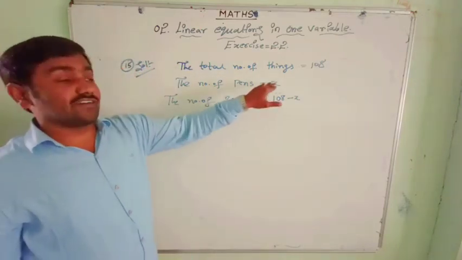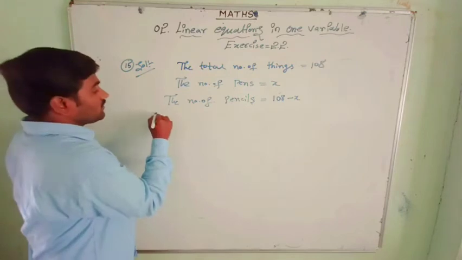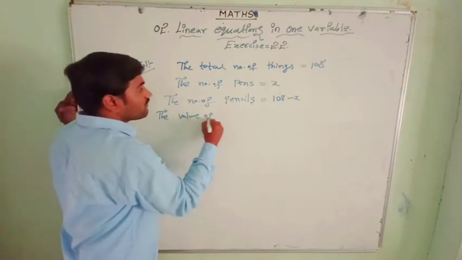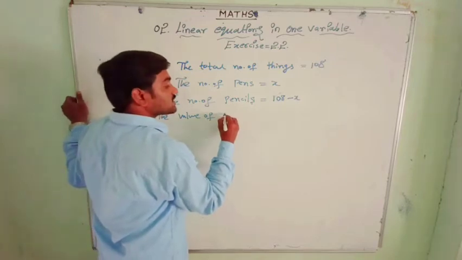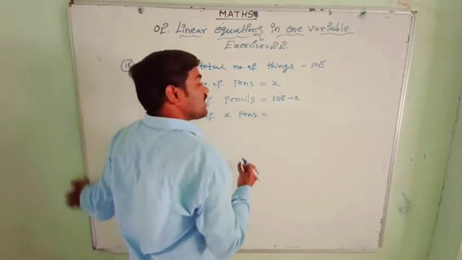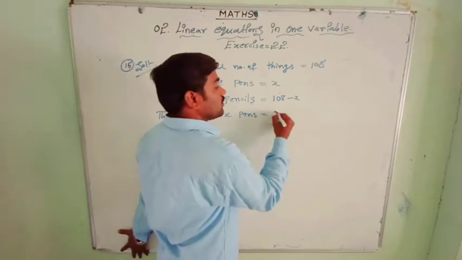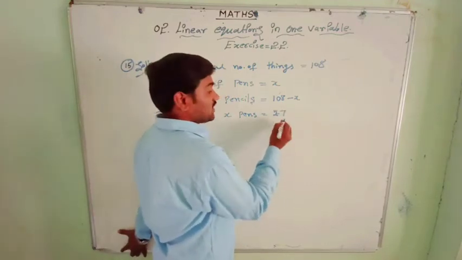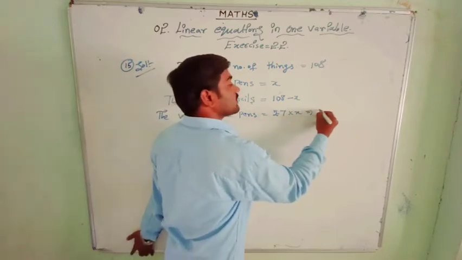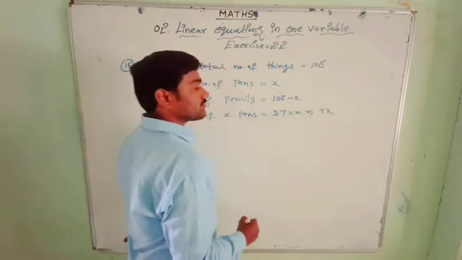Now each pen costs 7 rupees. So the value of x pens equals 7 into x, that is 7x rupees.